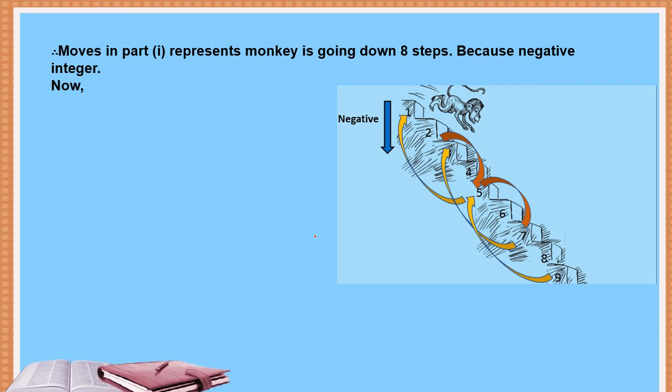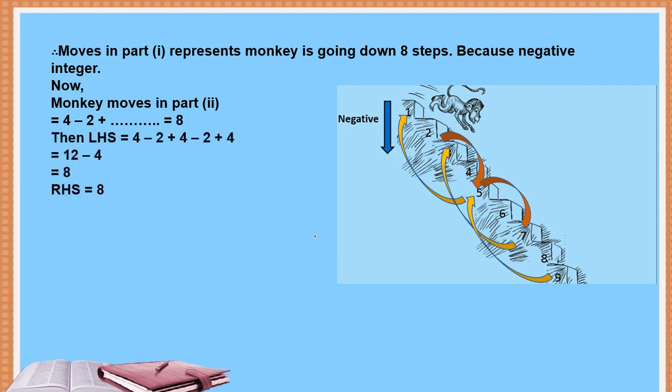because of the negative integer. Now monkey moves in part 2, that is 4 minus 2 plus blank equals 8. So how many jumps for the second time, where in the second problem he comes back to the first step from the water level?